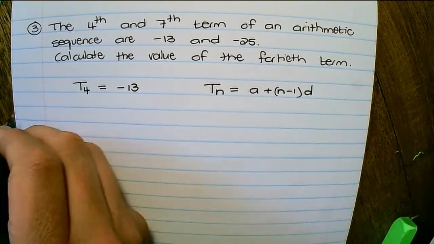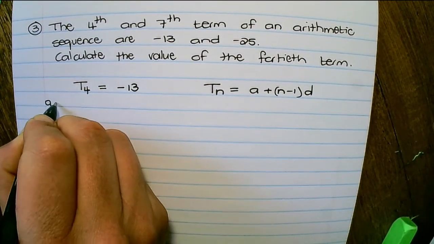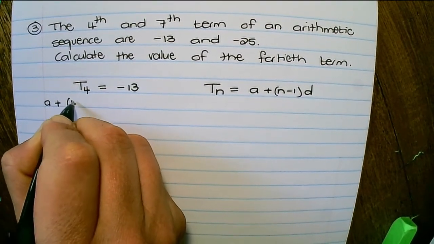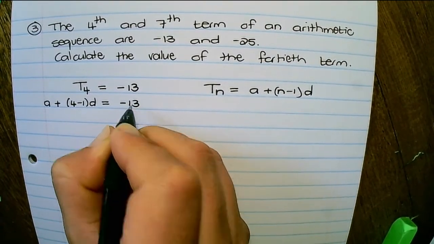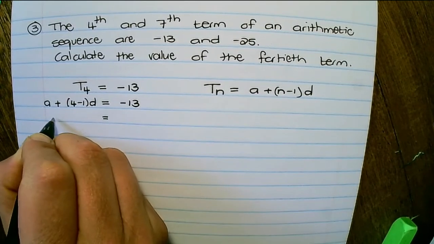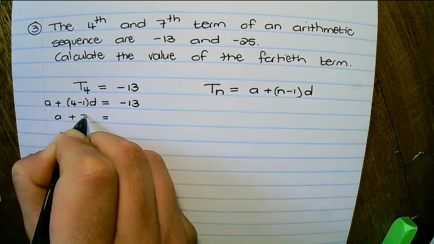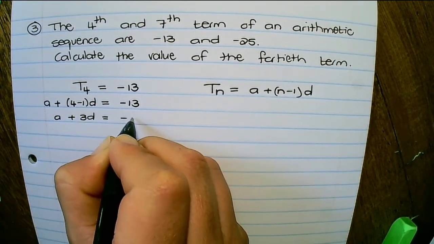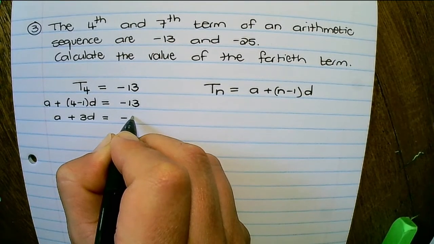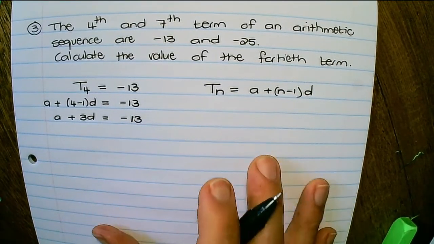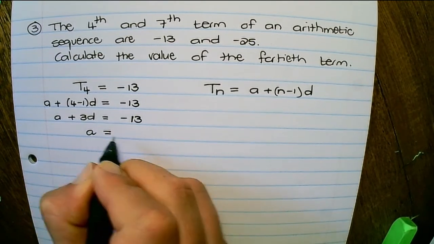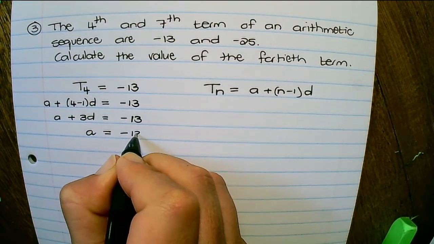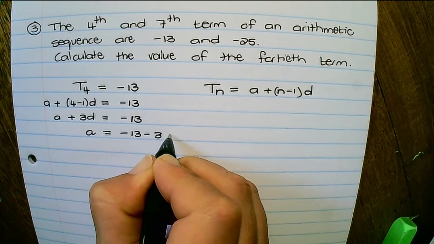So that means a plus (4 minus 1)d is equal to negative 13, or we could say a plus 3d is equal to negative 13. I can isolate a. So a is equal to negative 13 minus 3d.